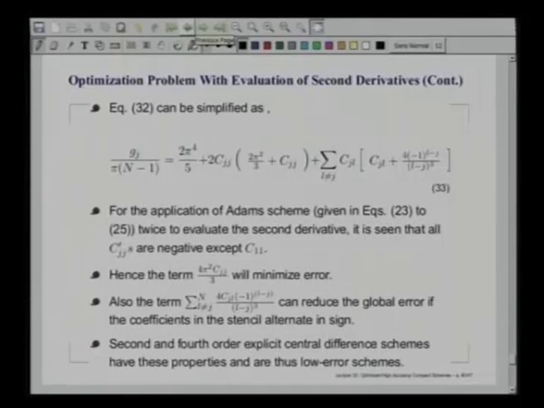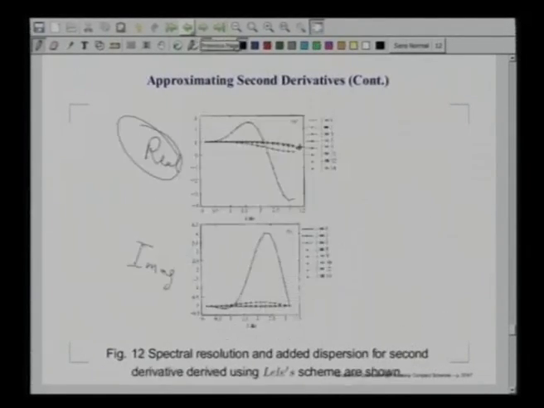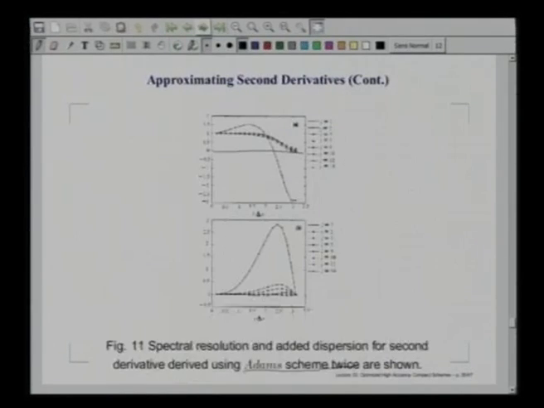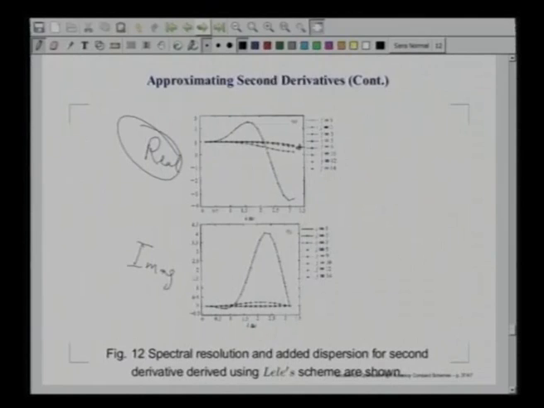And we have seen, like the Lele scheme here, the Lele scheme actually does take care of that. You actually take a central scheme, you do not want added dispersion due to second derivative discretization, and the boundary points are also very nicely taken, and that is why you do get the following property.